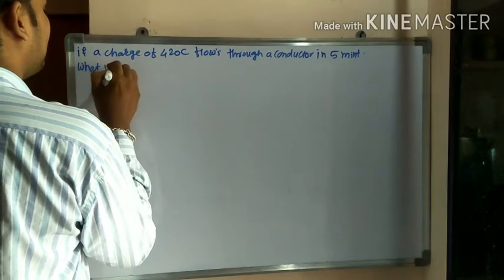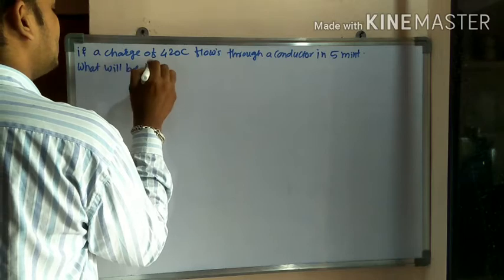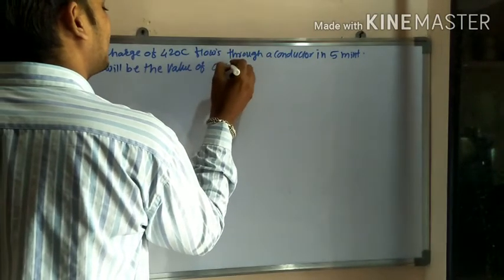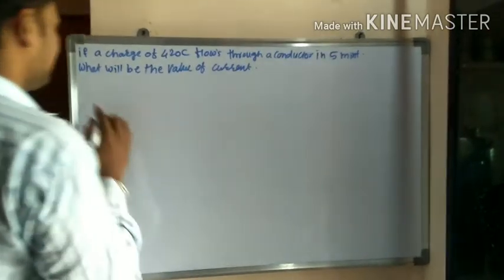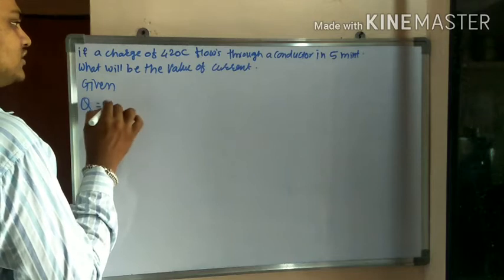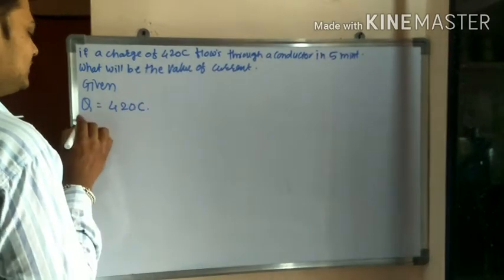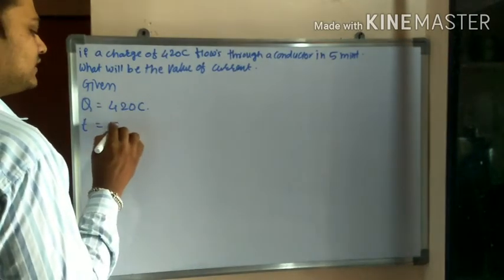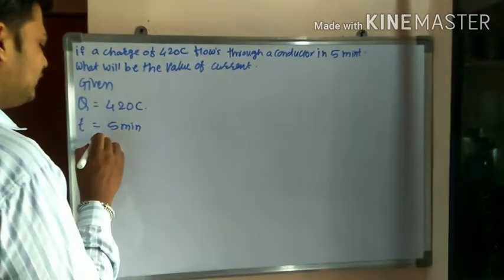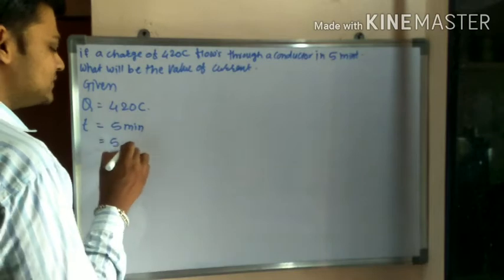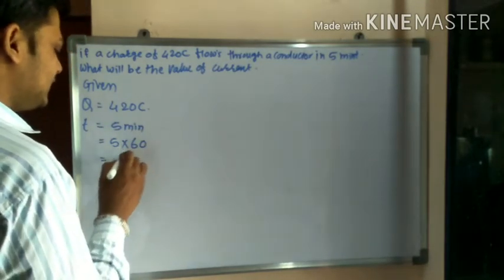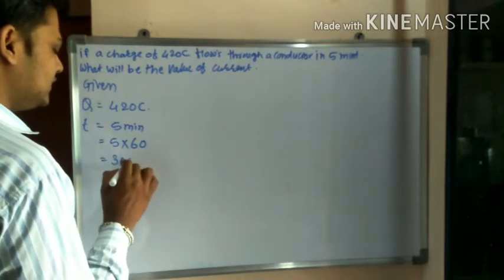What will be the value of current? Okay, see, again, given charge, that is Q is 420 coulomb, the time period is also given, 5 minutes, but we have to convert this minute into seconds. For that we are going to multiply by 60, because 1 minute is equal to 60 seconds. So 5 into 60, 5 sixes are 30, that is 300.